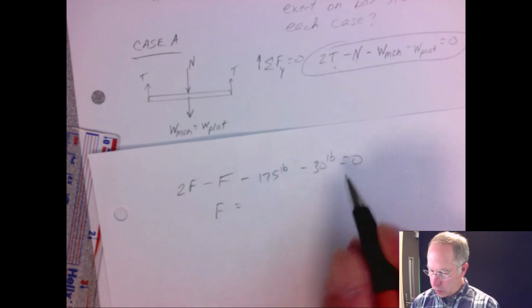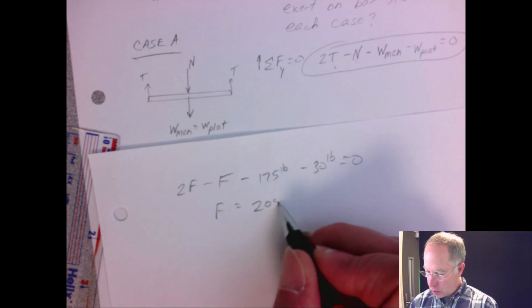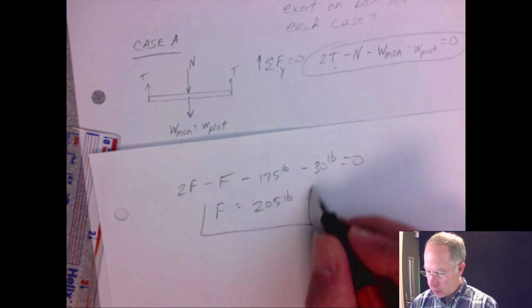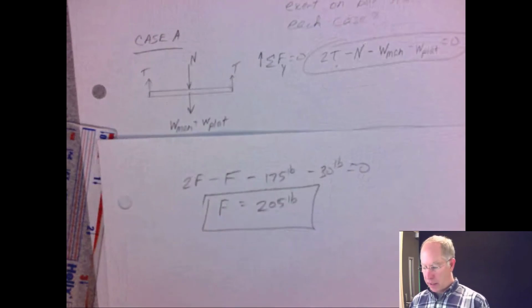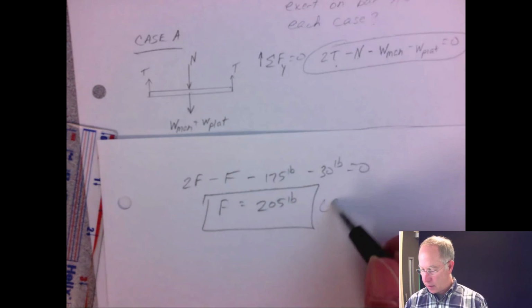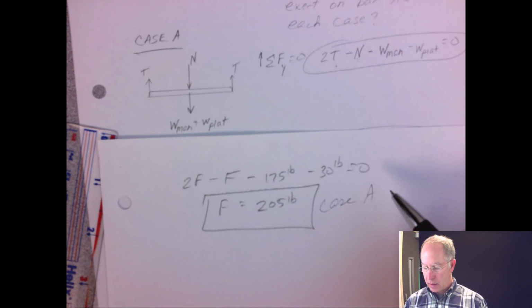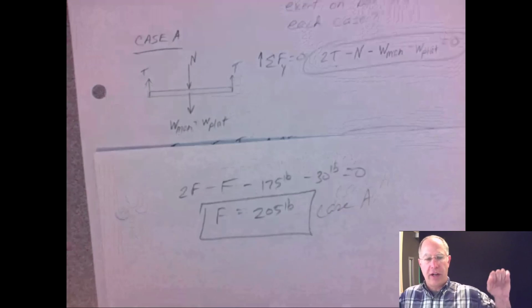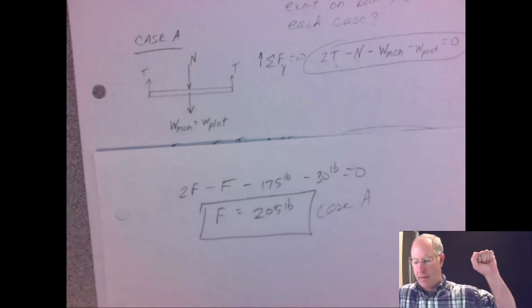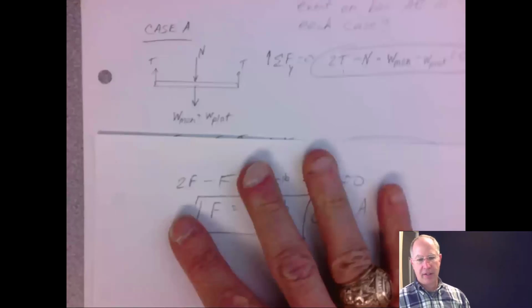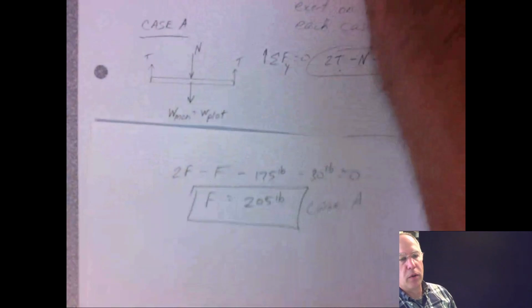So F is equal to 205 pounds. That's the answer in case A. He's got to push up with 205 pounds. Barely sustainable. I couldn't do it. All right, we'll take case B next.